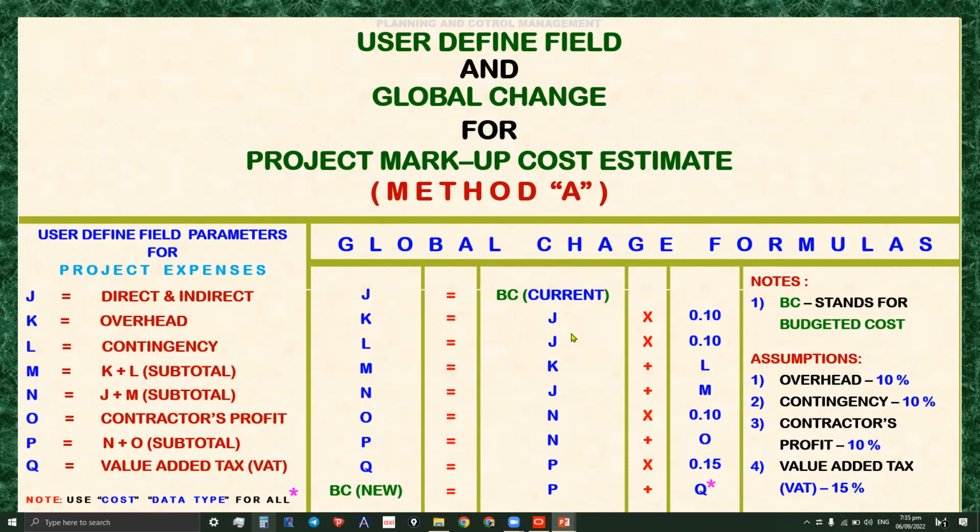Once we calculate all the markups here, they will be added on top of this current budgeted cost, so a new calculation of the budgeted cost will be derived. So the derivation of formulas, we are already done.